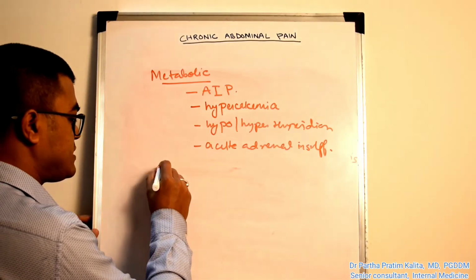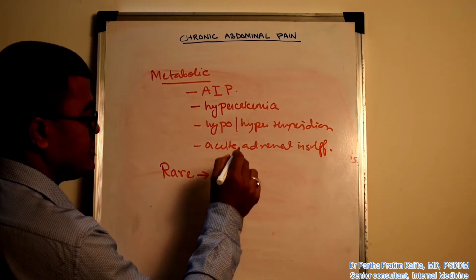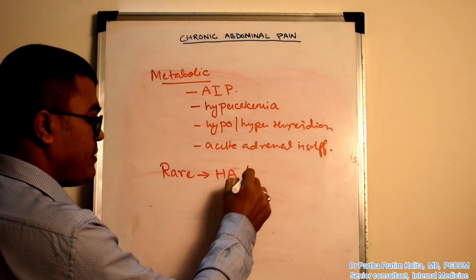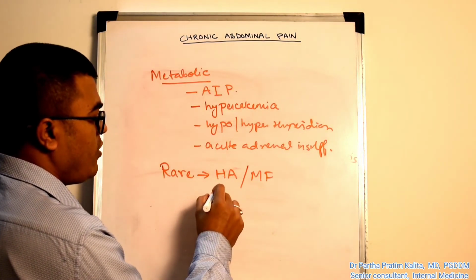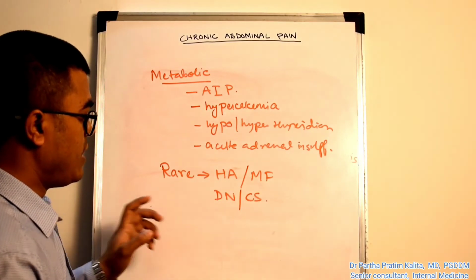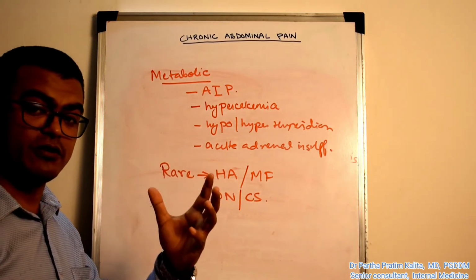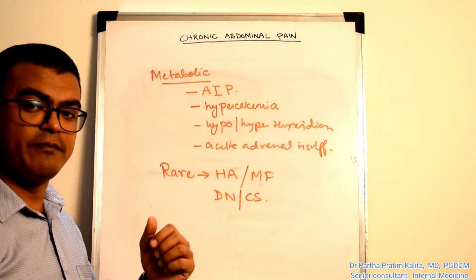There can also be some rare metabolic causes like hereditary angioedema. There can be Mediterranean fever or diabetic neuropathy or carcinoid syndrome. So these are some of the rare metabolic causes which can also cause chronic abdominal pain.